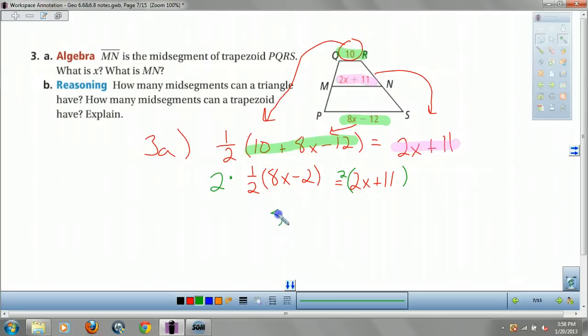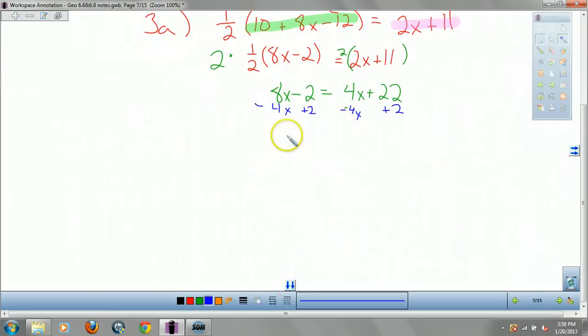Okay, so we get 8x minus 2 equals 4x plus 22. Subtract 4x. Add 2. So we get 4x equals 24. x equals 6.